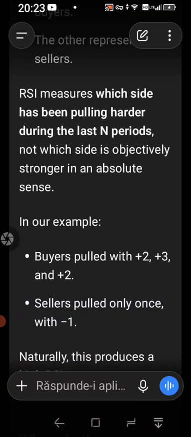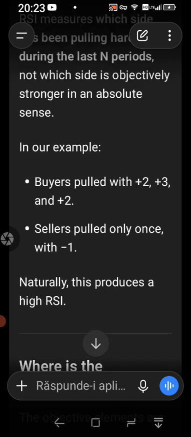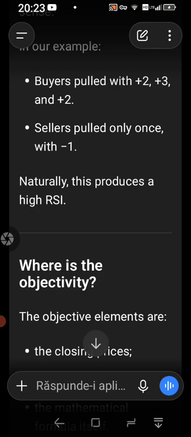In our example, buyers pulled with +2, +3, and +2. Sellers pulled only once with -1. Naturally, this produces a high RSI.